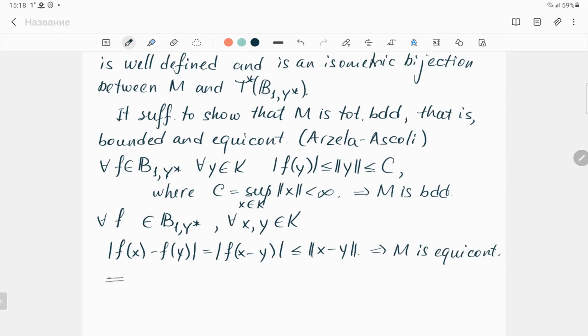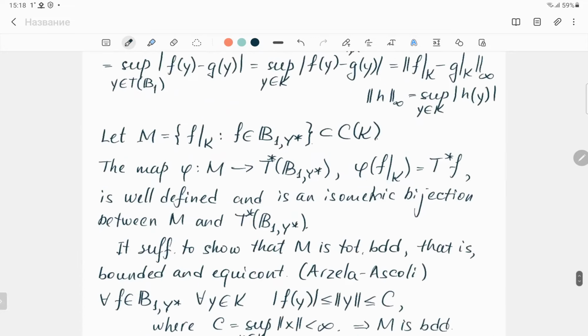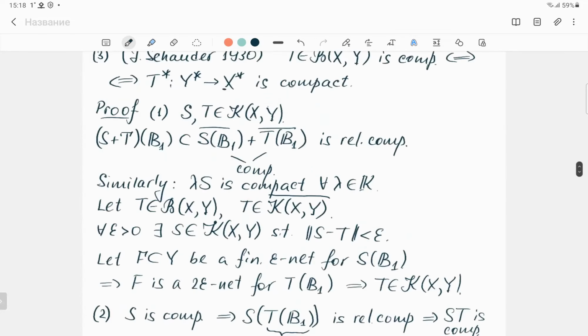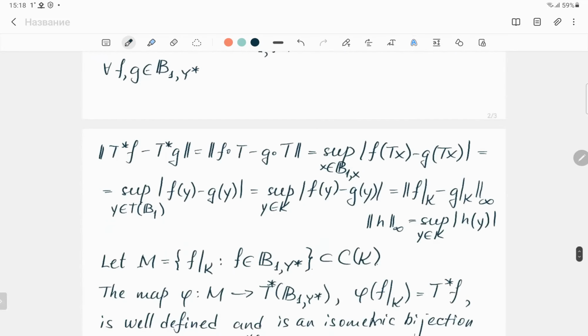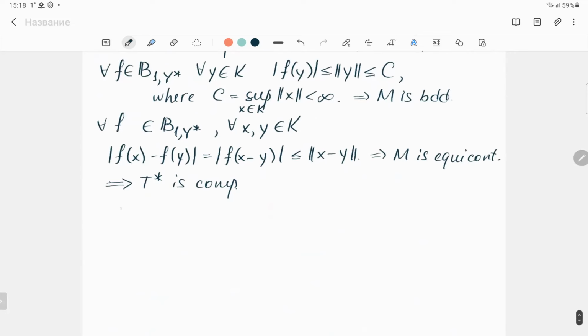So we see that T star is a compact operator. And to prove the right to left implication, now we want to show that if T star is compact, then T is compact. Well, this is rather easy. We just look at the bidual. Namely, if T star is compact, then we already know that the dual of a compact operator is compact.